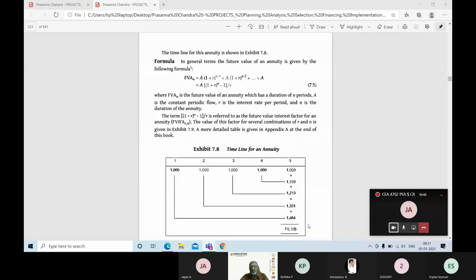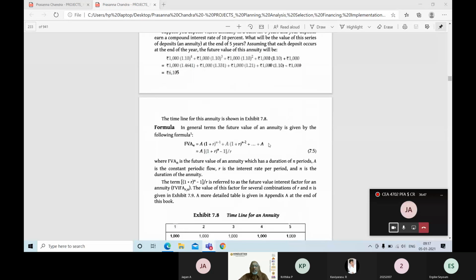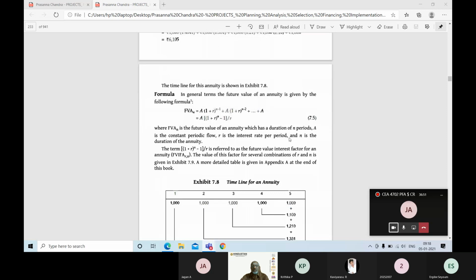Then add together: 6,105. The formula in general terms for the future value of an annuity is given by FVA equal to A into (1 plus R) to the power n minus 1, plus A into (1 plus R) to the power n minus 2, plus so on for all the years, and lastly the last investment cash flow, that is A. So you get A into ((1 plus R) to the power n minus 1) divided by R. Like that you have to calculate, because in all the terms you have (1 plus R) to the power n, and A is the common factor.